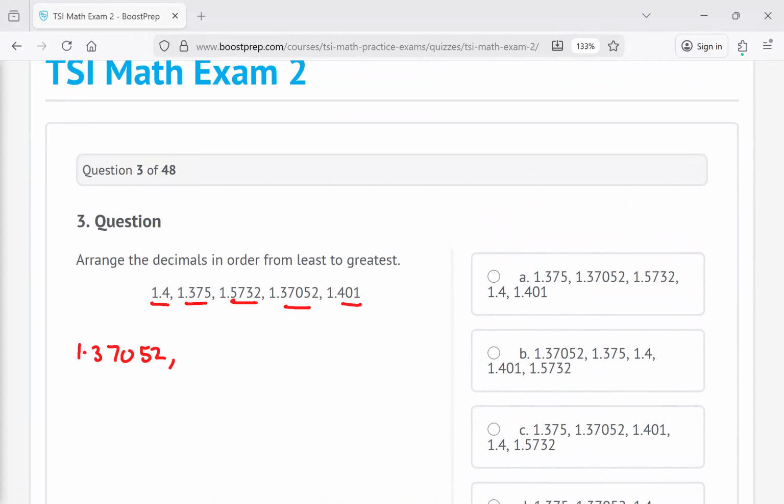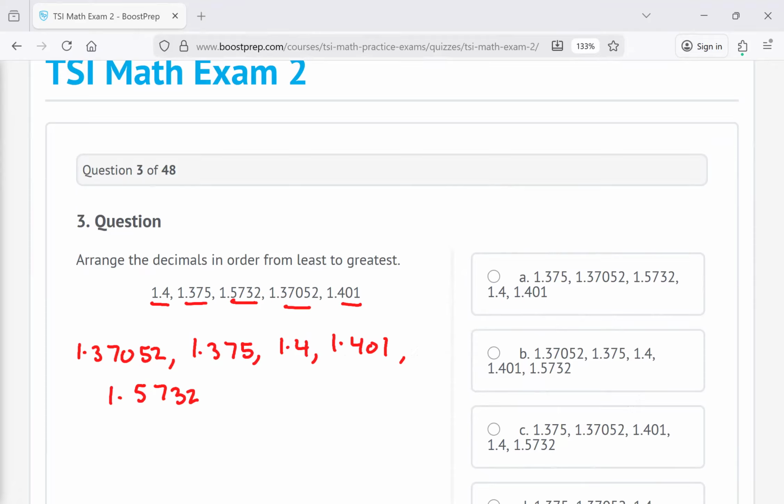1.37052. The next one would be 1.375. The next one would be 1.4. The next one will be 1.401. The next one will be 1.5732. So which is the correct answer?